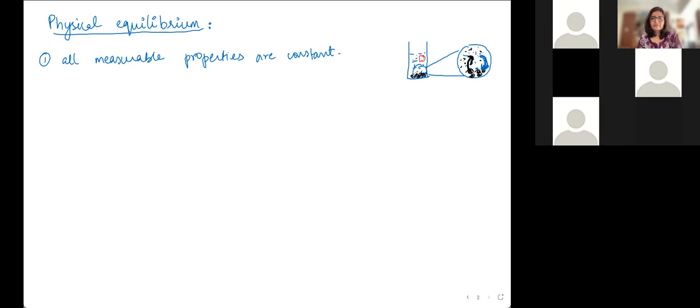If you measure how much mass of the sugar is still undissolved, that's going to be constant. So all the measurable properties are constant. It doesn't mean that nothing is happening. The process is still taking place, just that whatever is the forward reaction, the same is the backward. So the status quo doesn't change at all.